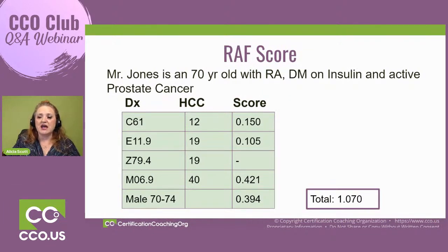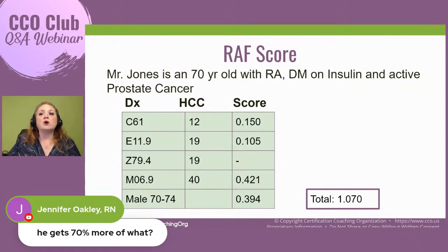Very, very good question. Jennifer asked, he gets 70% more of what? Well, if you go back to that other slide, remember at the beginning, I mentioned that one is your regular RAF score, but he's got a 1.070. He gets 70% more money than a person that has a RAF score of 1.00.